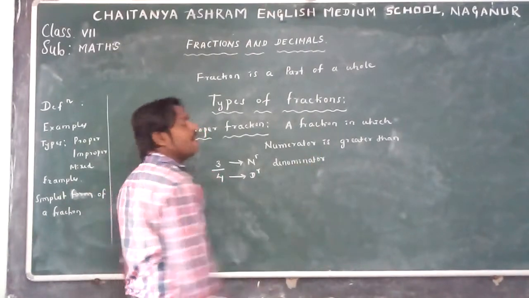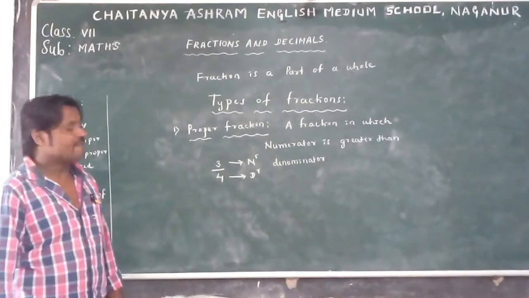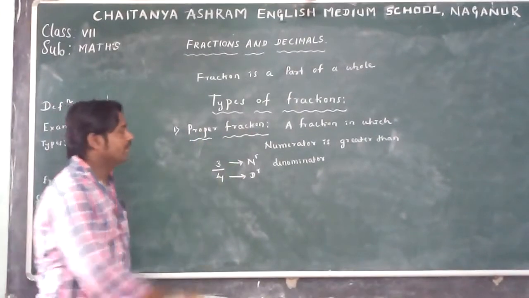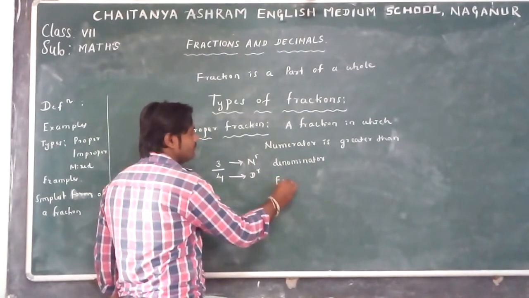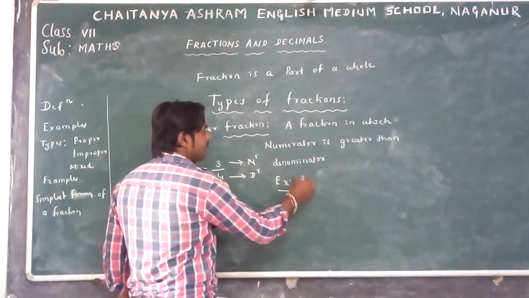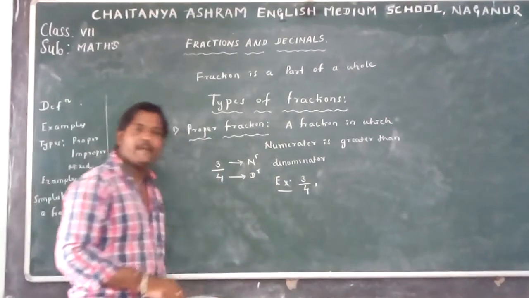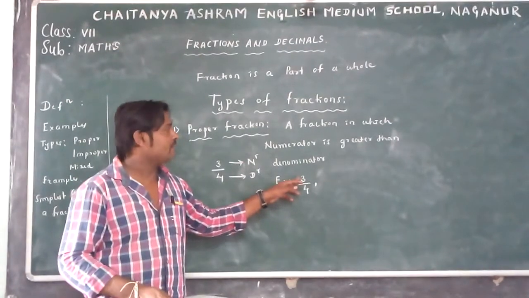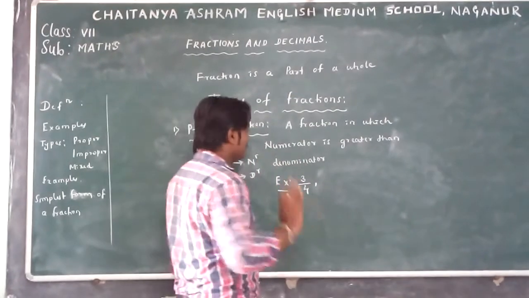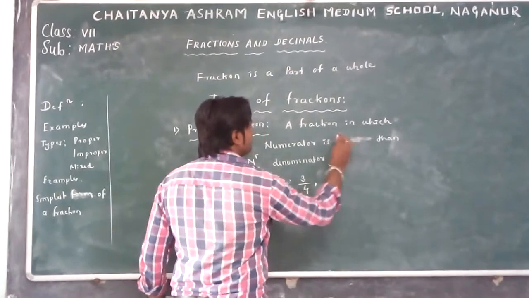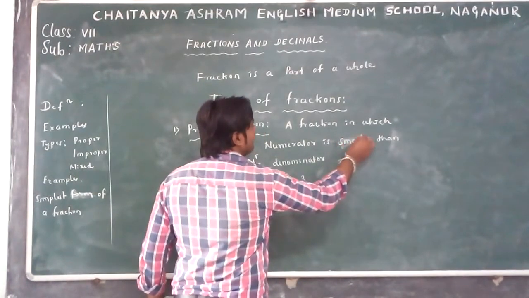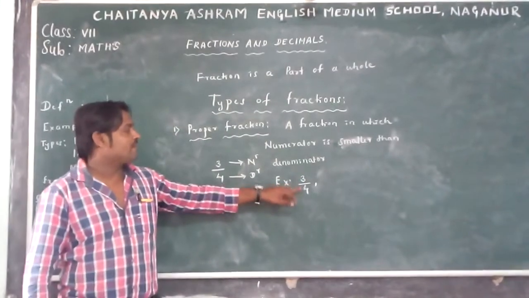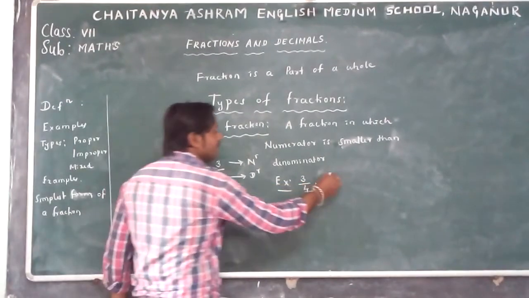Numerator is greater than denominator. Such fractions are called proper fractions. For example, 3 by 4 is a proper fraction because numerator is smaller than denominator.